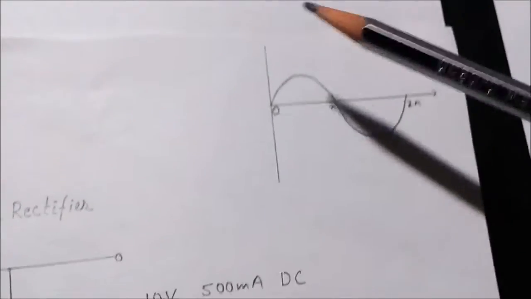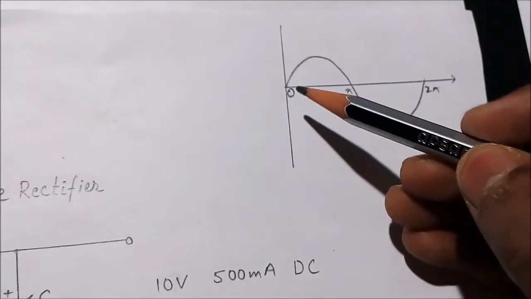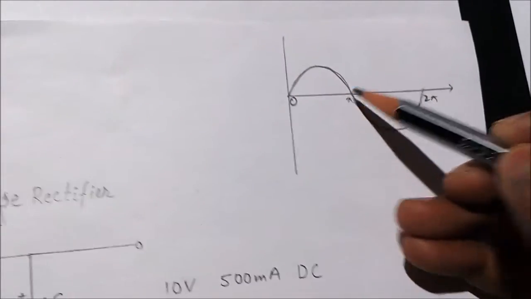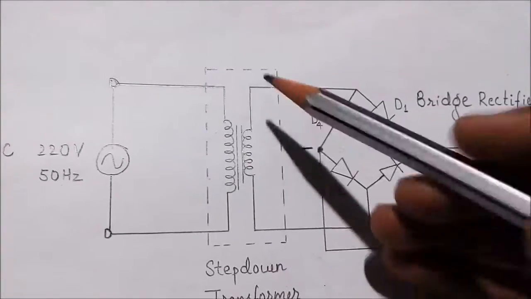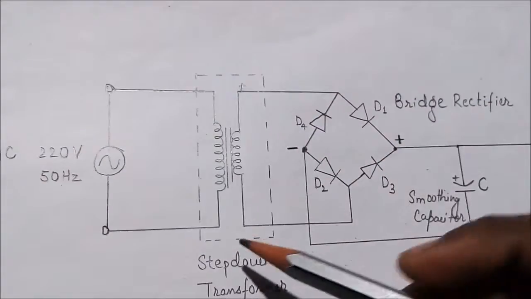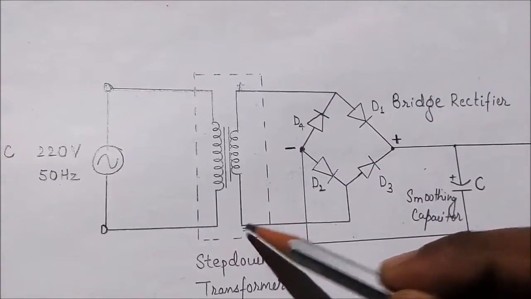So in the positive half cycle of the AC voltage, during 0 to pi, this side will be positive and this side will be negative.